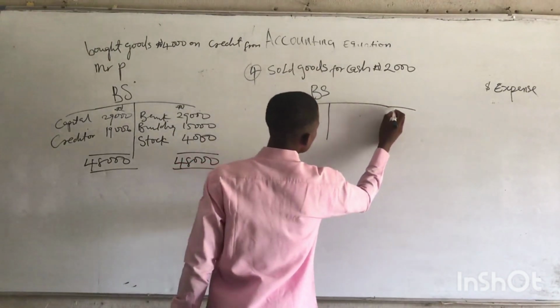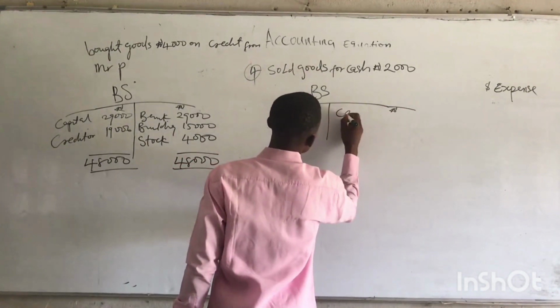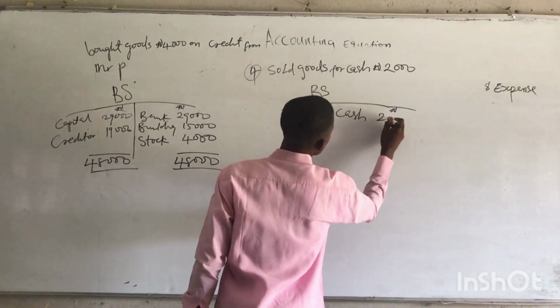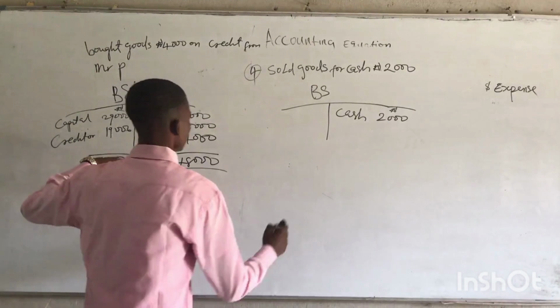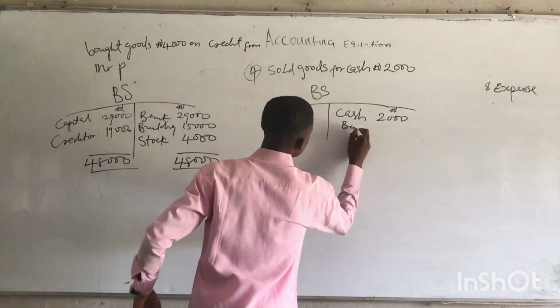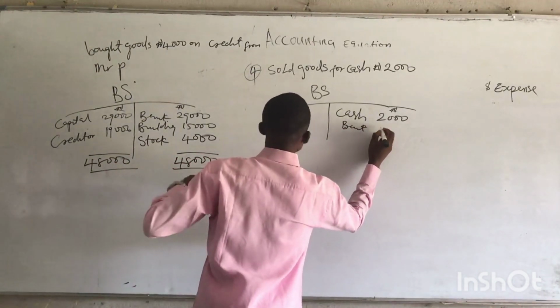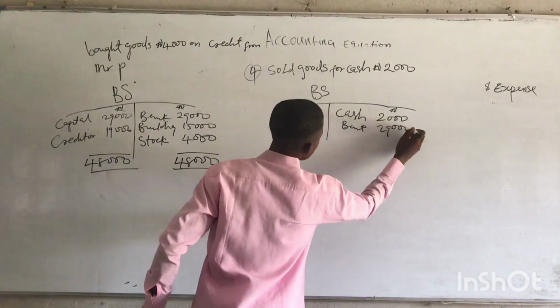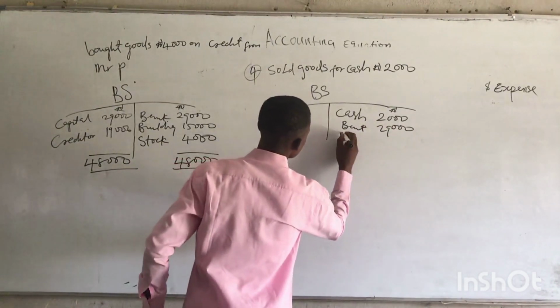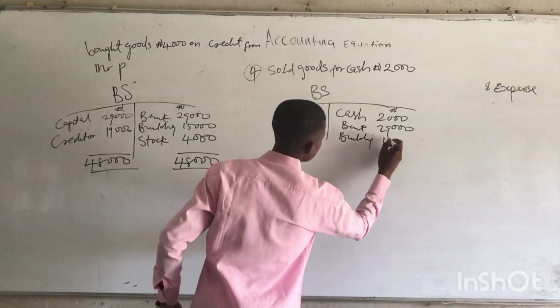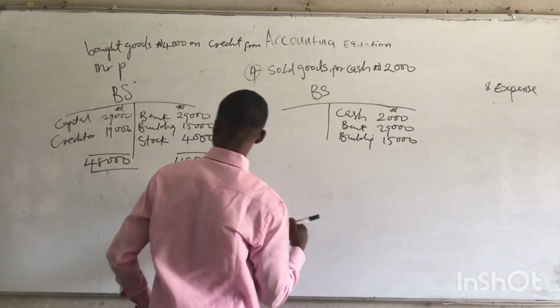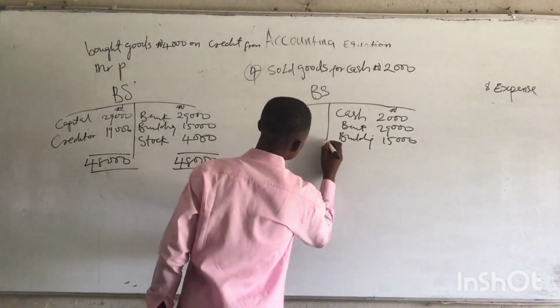Sold goods for cash, 2,000 naira. I'll bring down the transactions I have here already. We have bank 29,000, building 15,000, and stock.